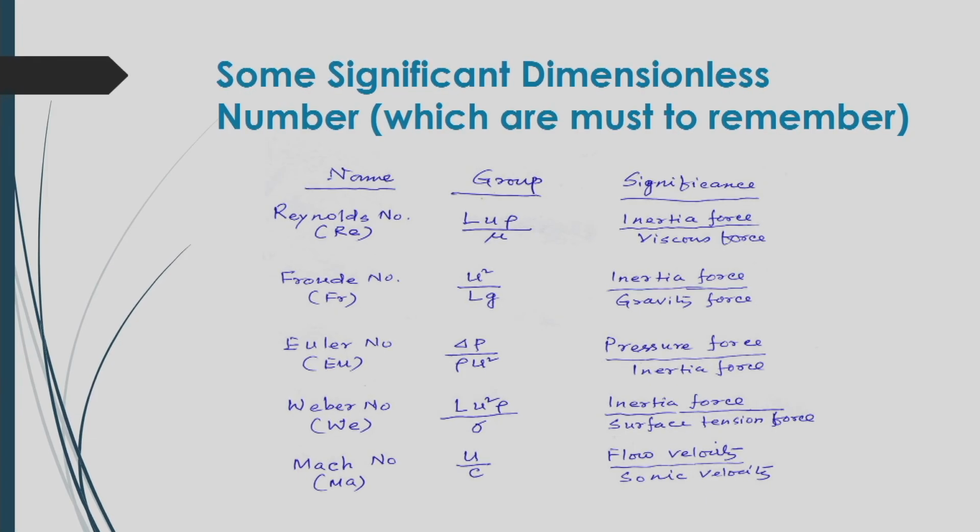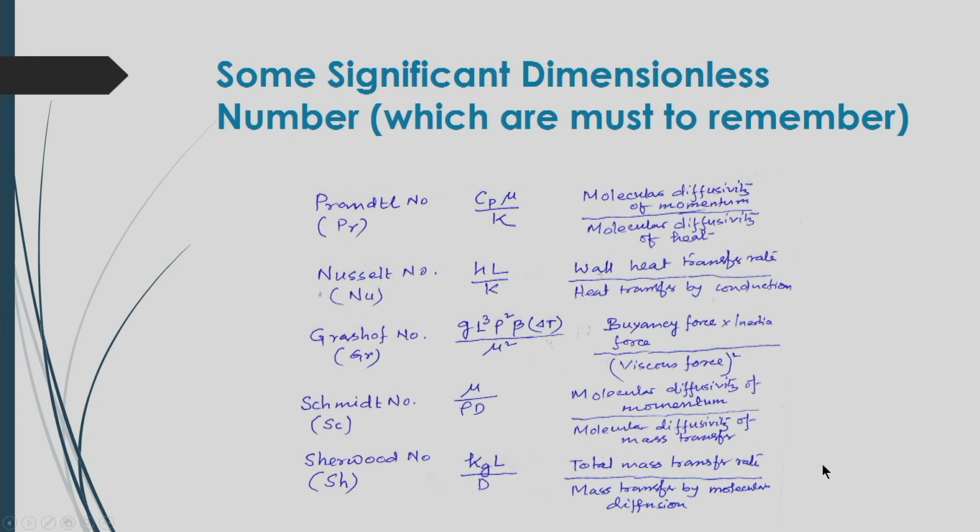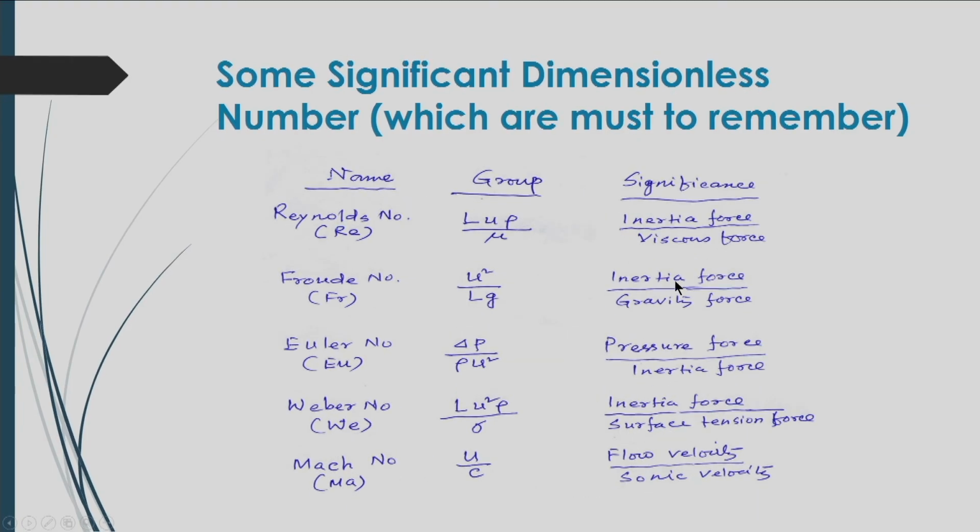Some dimensionless groups are given in the slides, like the Reynolds number that we got, Froude number, Allen number, Weber number, Mach number, and their relative significance is given. Even in the next slides some significant groups, their significance, and how they are defined are given, so you have to remember these dimensionless groups.